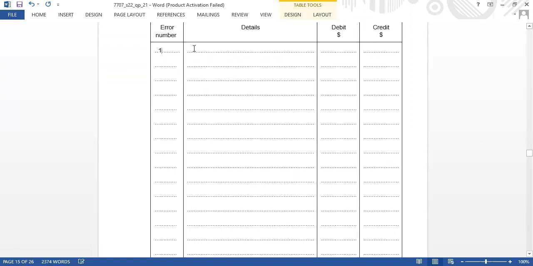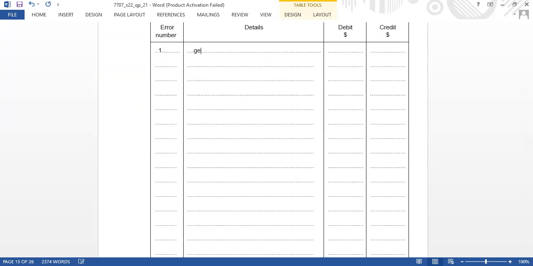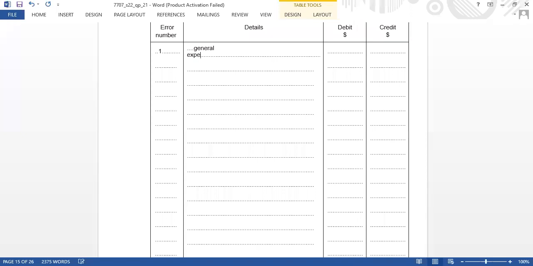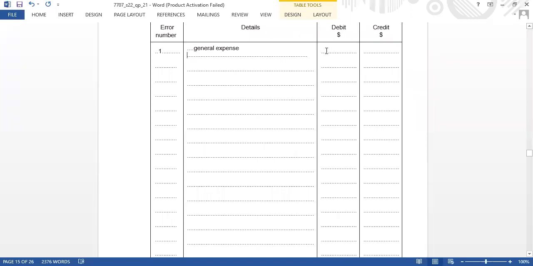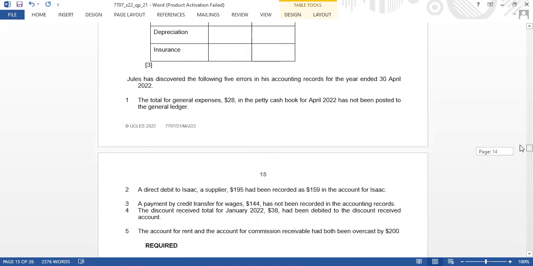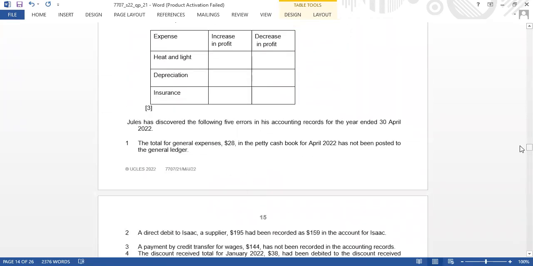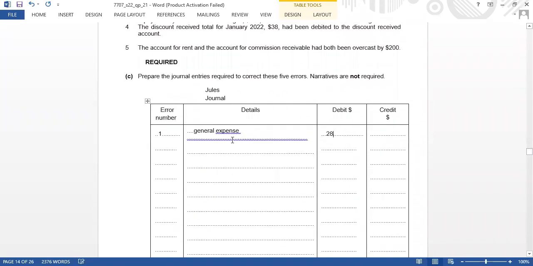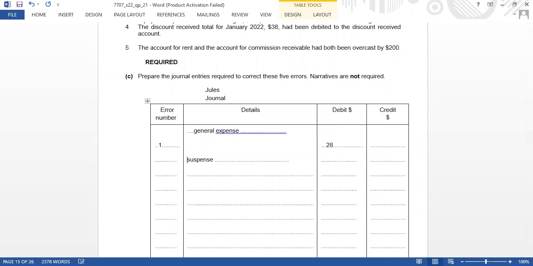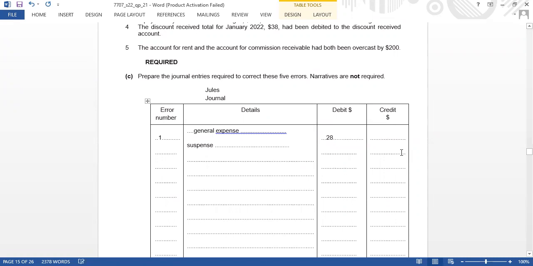Error 1, that is general expenses $28. Total of the general expenses is not written. That means the credit side would be expense account, $28.